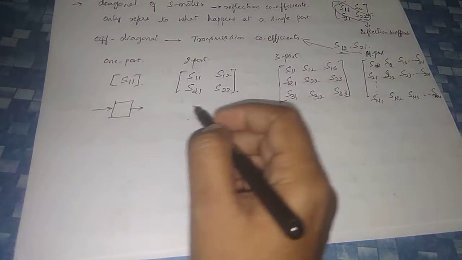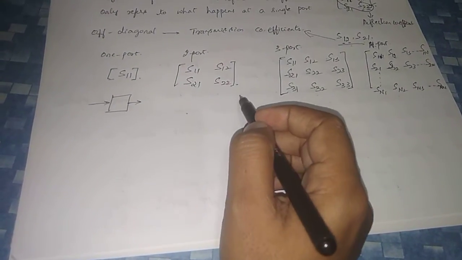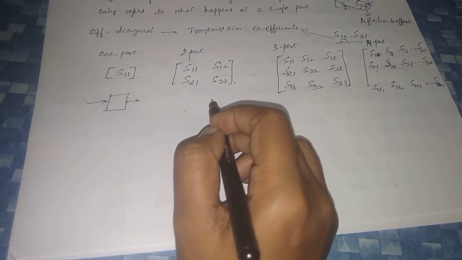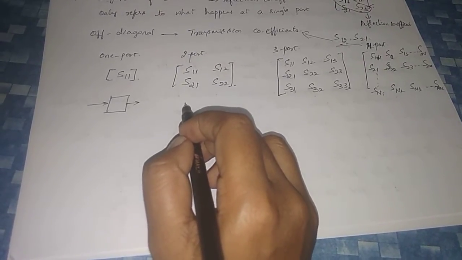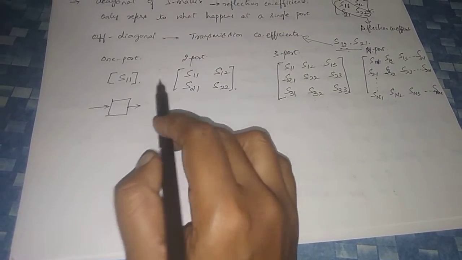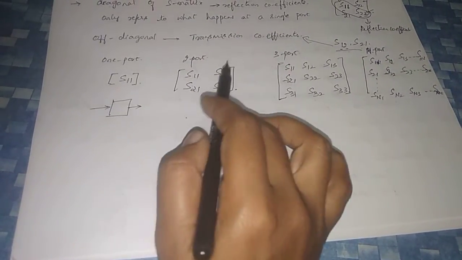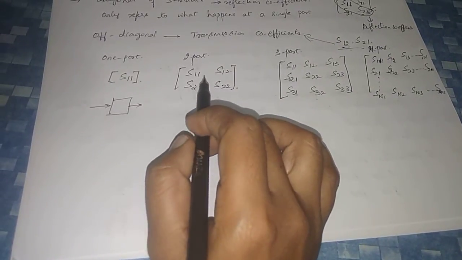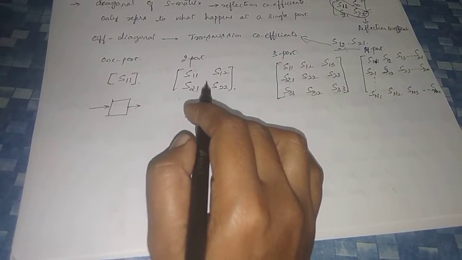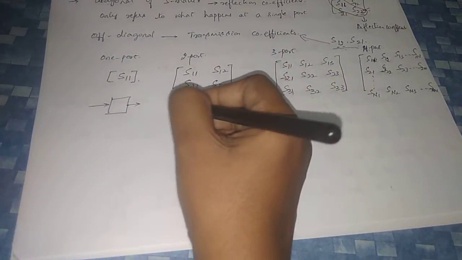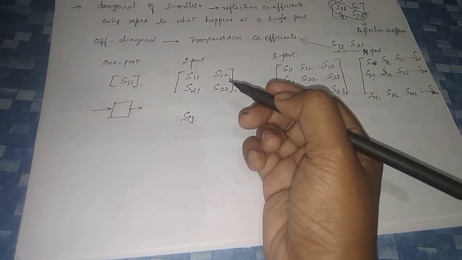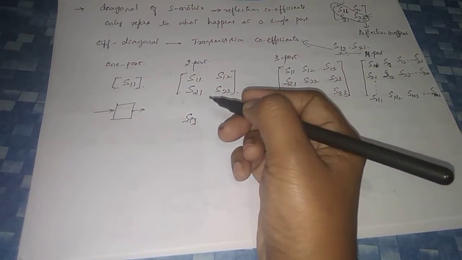Each S parameter is a complex number, where the actual data is present in complex format and the phase angle would be present for Sij. So your Sij represents a complex number, that is nothing but your S parameter.